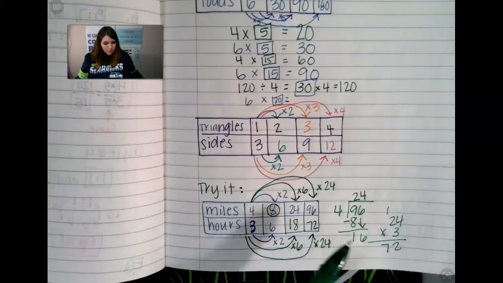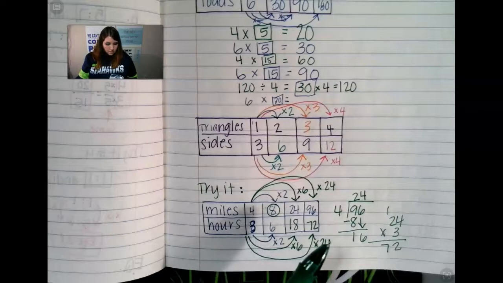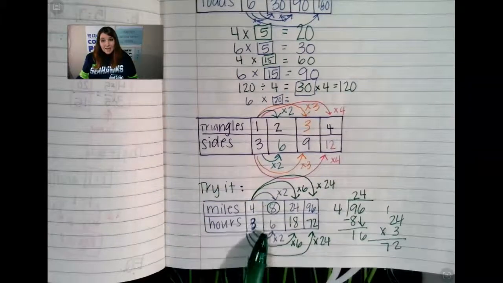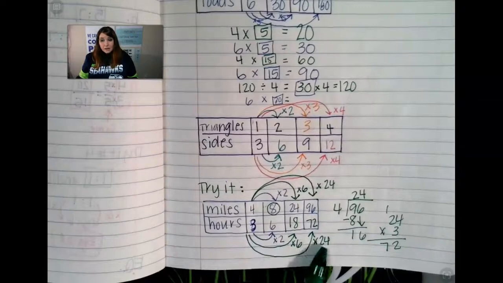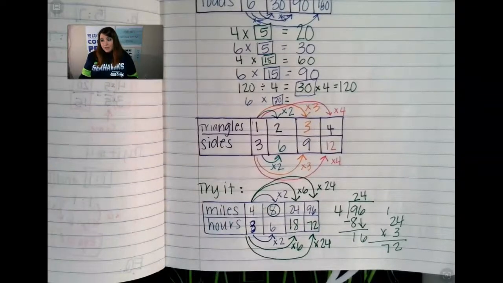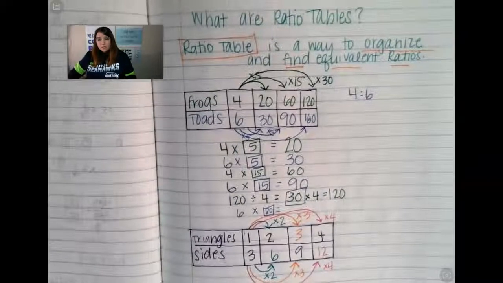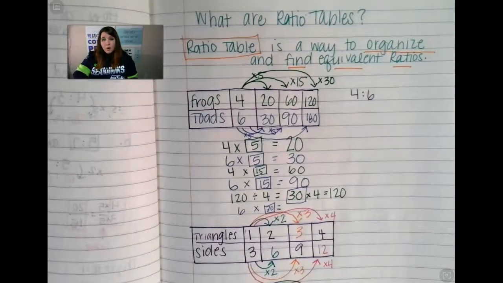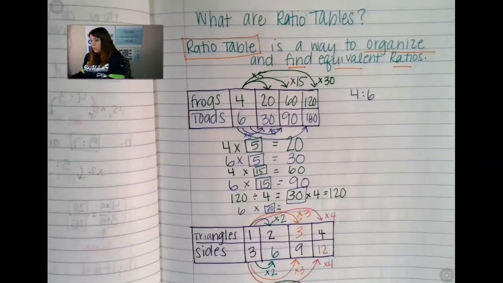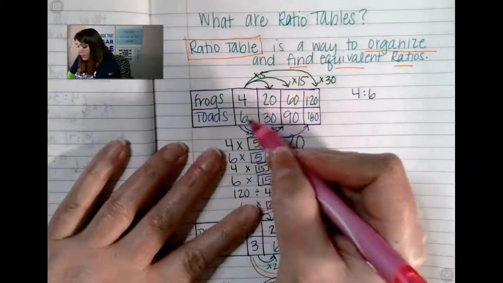All right, so those are ratio tables. Now we can take these answers and we can turn them all into ratios. So I'm going to just come back up here and show you now how to turn these into ratios. All you do is you read it from the table.